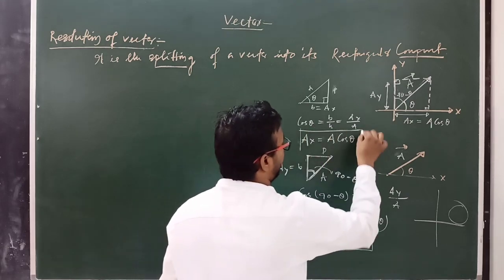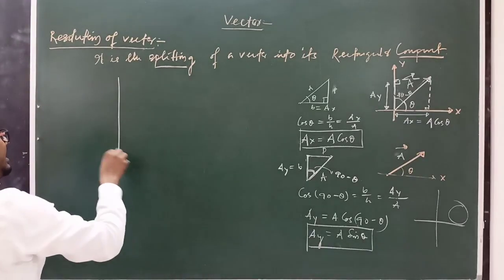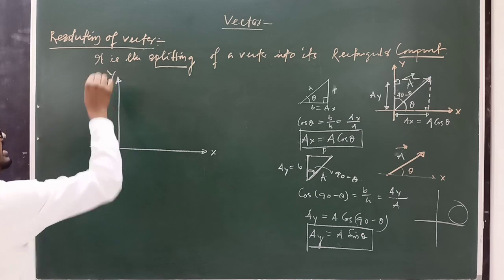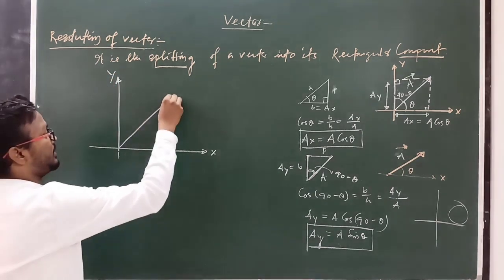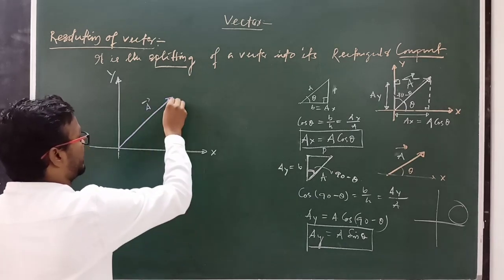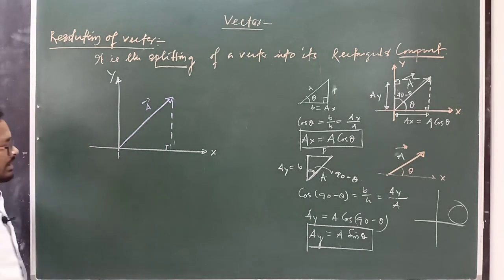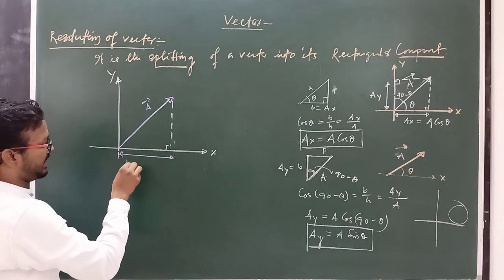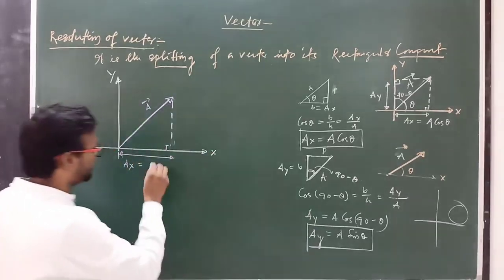Clear? Now if you draw a clear diagram here, this is the x axis and this is the y axis, and this is the vector a. This is the perpendicular line which meets at this point, and the total distance along the x axis is ax, which gives the value a cos theta.